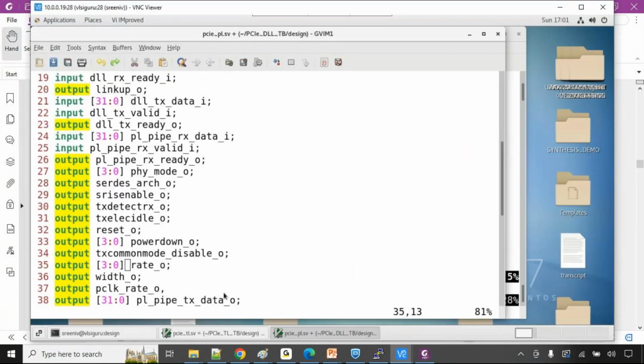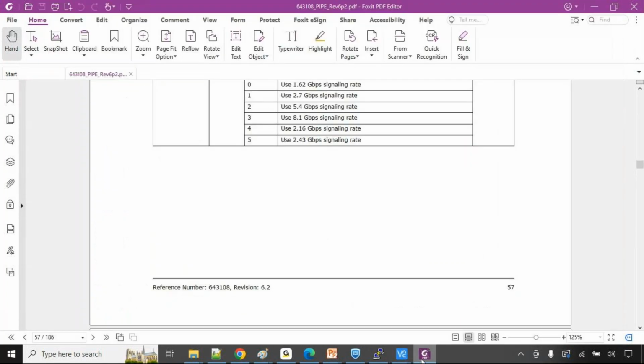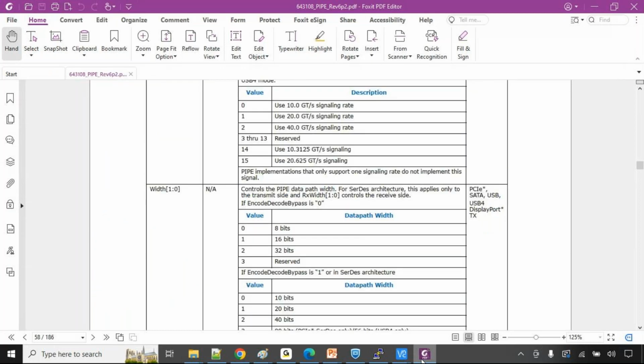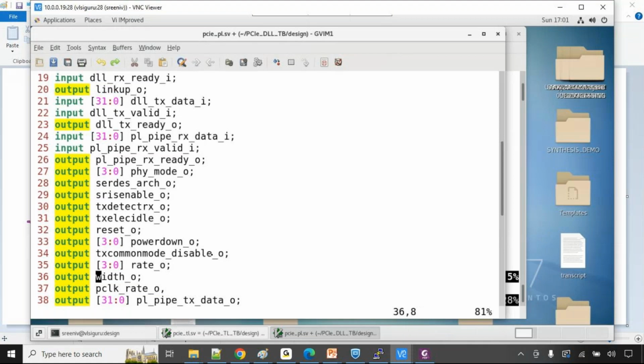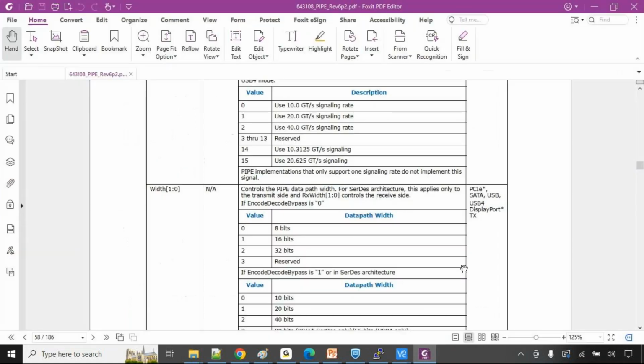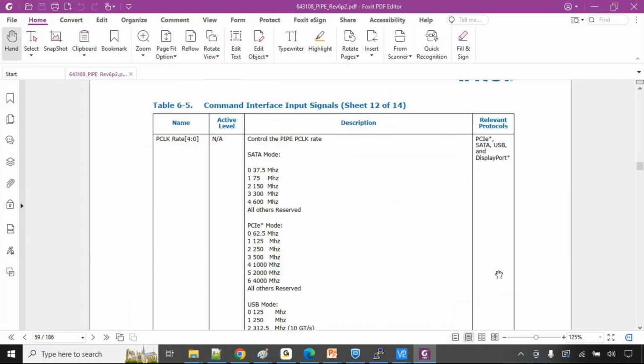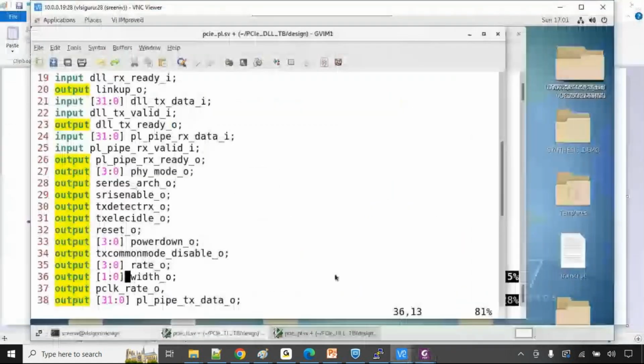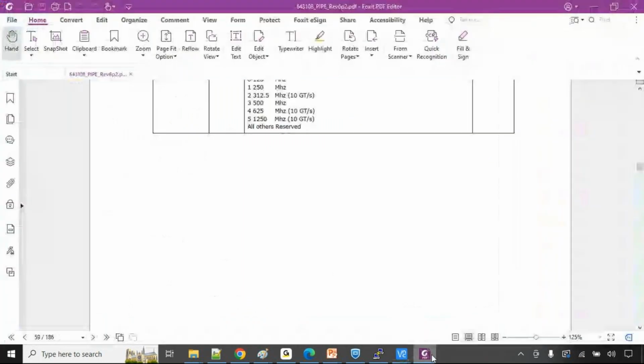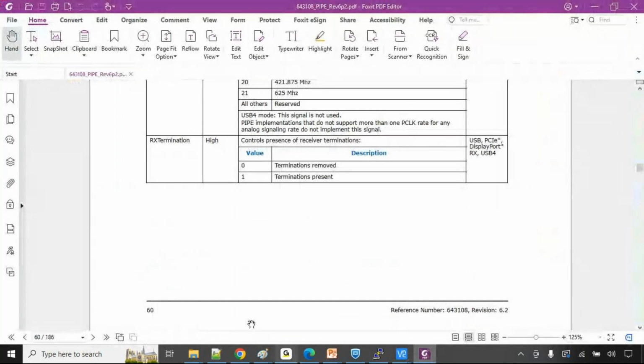Width. Width also is multiple bits. I think it's 2 bit. 1 down to 0. P clock rate is also definitely multiple bits only. It is 4 down to 0. Next. Yeah, I think it takes care of all the signals.